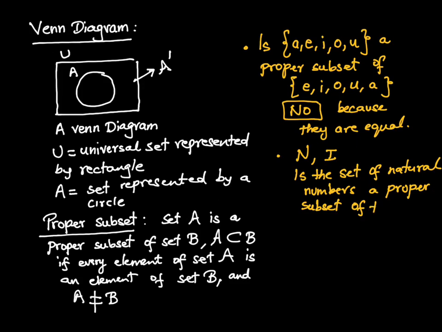And the answer should be a yes, right? Because natural numbers has all the positive counting numbers, right? And integers has all positive and 0 and negative, right?